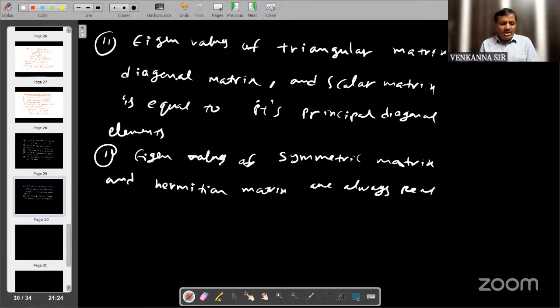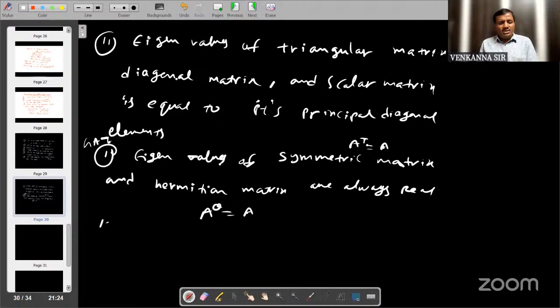This bit was repeated 2 times in the GATE exam, a direct bit. Eigenvalues of a symmetric matrix are always real. Options they will give: real, imaginary, like that, different. What is the answer? Always real is the correct answer. What is the condition for the symmetric matrix? All of you know, A transpose is A. And the Hermitian matrix condition is what? A theta is equal to A.